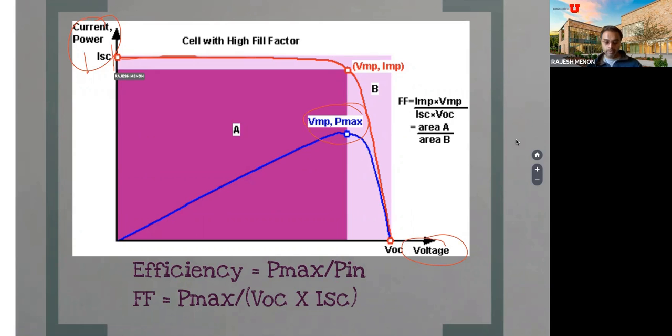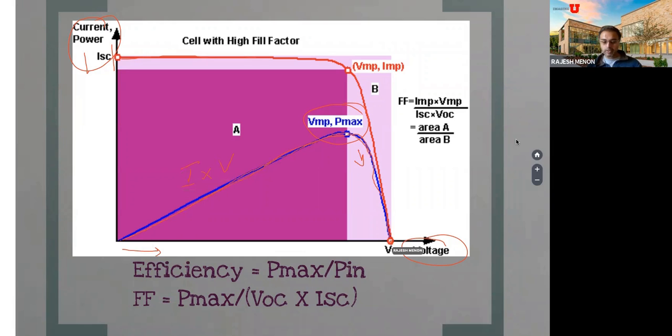But the important curve here is the power curve, which is shown in blue. This is the product of current multiplied by the voltage. Of course, as voltage increases, this increases linearly, but it reaches a maximum point, after which, because the current is decreasing, the power also decreases.